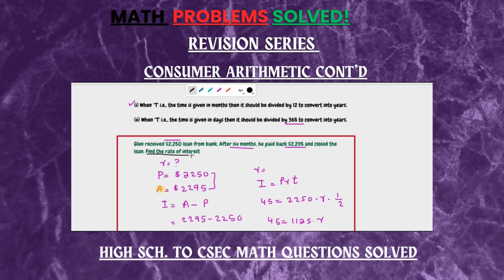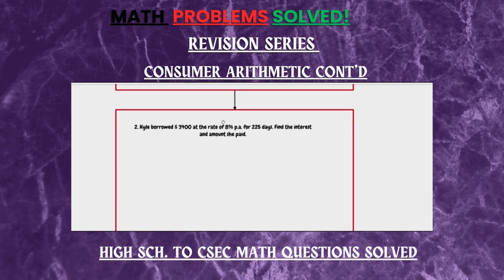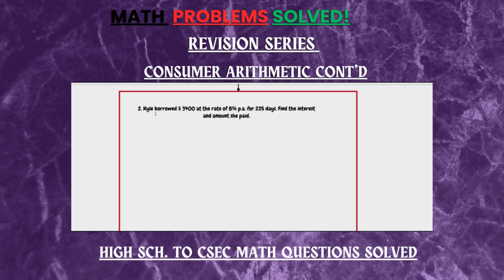They asked us to find the interest rate. Then we will see the next one. Kelly borrowed $3,400 at a rate of 8% per annum for 225 days. Find the interest and the amount she paid.